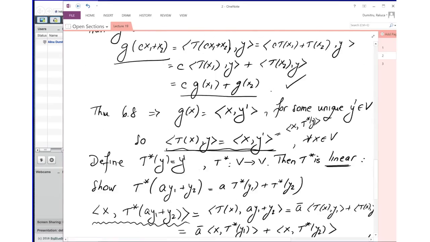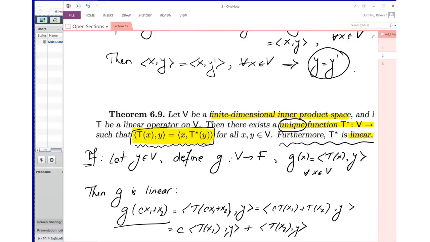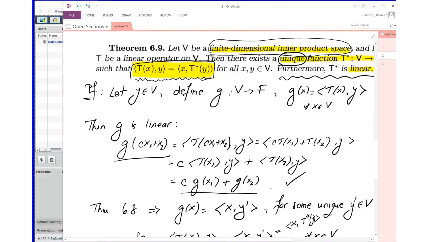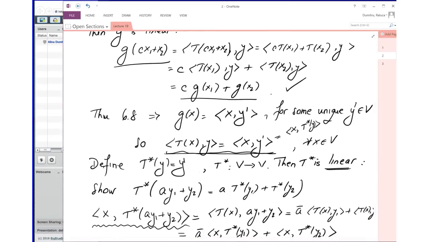One more thing, again, before the example. I said that it's essential that V is a finite dimensional vector space. Not that the arguments that I had here would not work in case T star existed, but existence might not be the case anymore. So on an infinite dimensional vector space, not all linear transformations have adjoints.